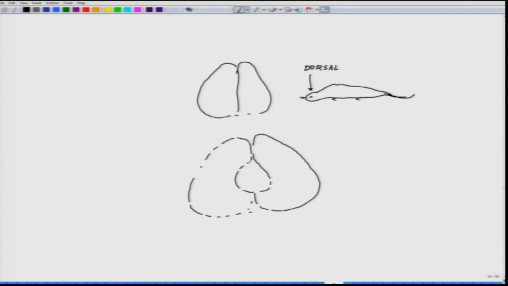Now, hippocampus is an organ you won't be able to see from the top unless you cut it like this and you remove this part.